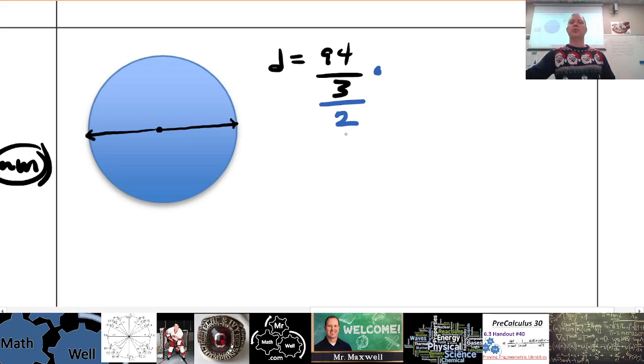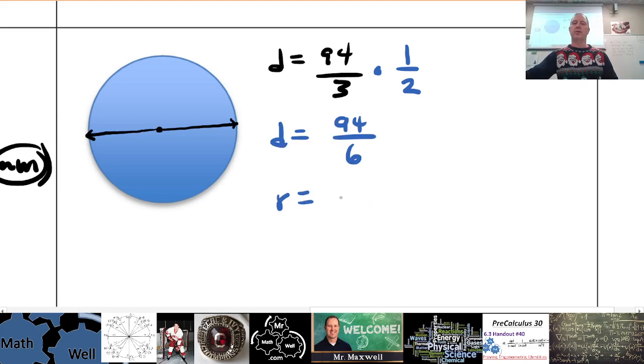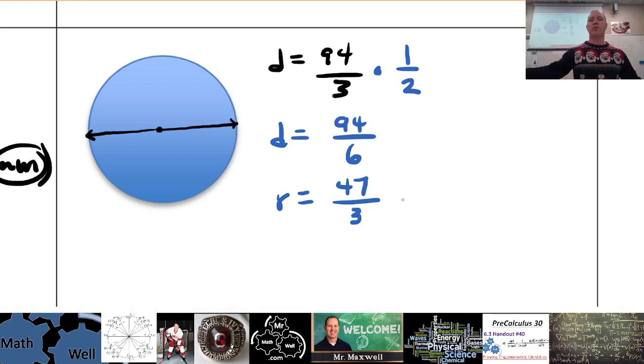What's the reciprocal of 2? 1 over 2. Yeah, the reciprocal of 2 is 1/2. So when you divide a fraction by 2, it's the same as multiplying by 1/2. So r is equal to 94 over 3 times 1/2, which is 94 over 6, which reduces to 47 over 3. See that? So that's a bit of a challenging one with the fraction there. But if you're given the diameter, just divide it by 2, and that's going to be your radius. Because the radius is what you need for calculating area.